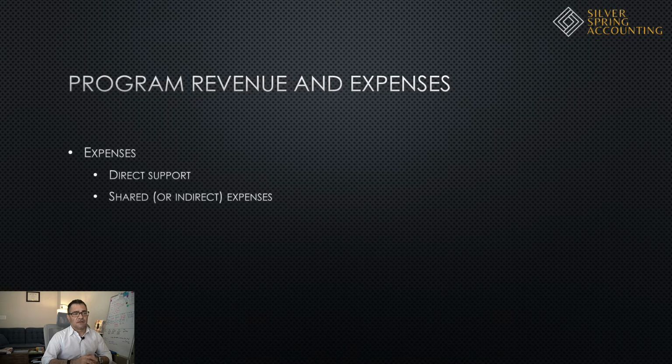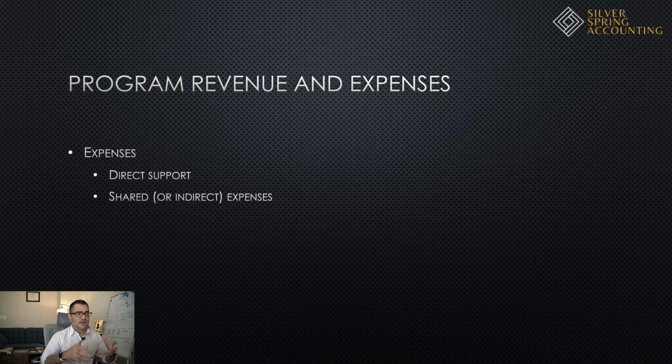But basically, some of the things that you're going to have, such as building depreciation, communication expenses, these service the entire organization, and there are different ways that you can allocate these towards the various functions, and you should be allocating based on a reasonable type of allocation.